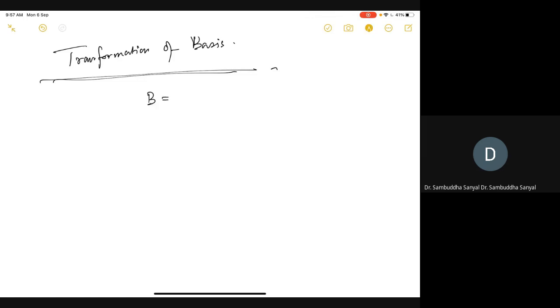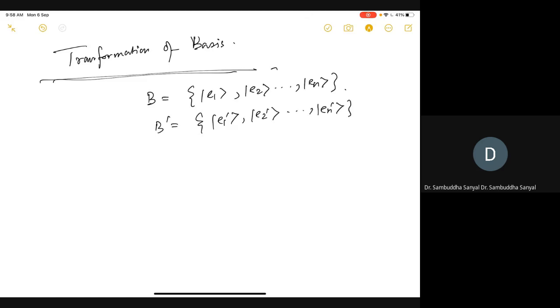So let's say I have a basis which is this, and another basis which is this. So any vector can be either expanded in B or B prime. It's arbitrary.